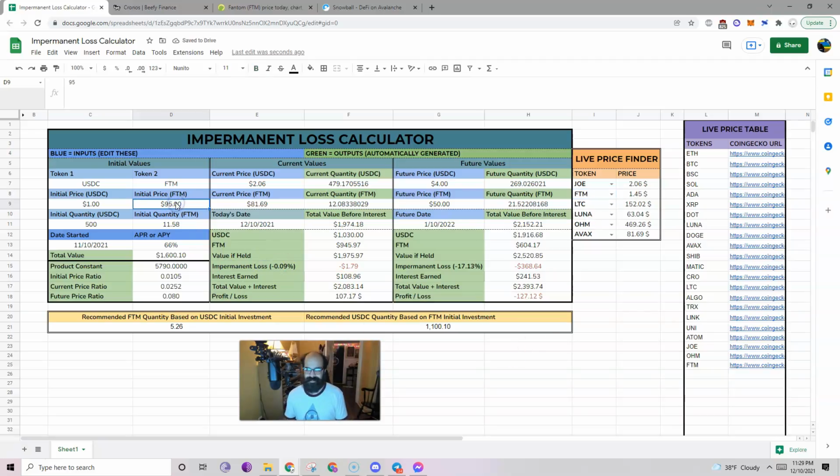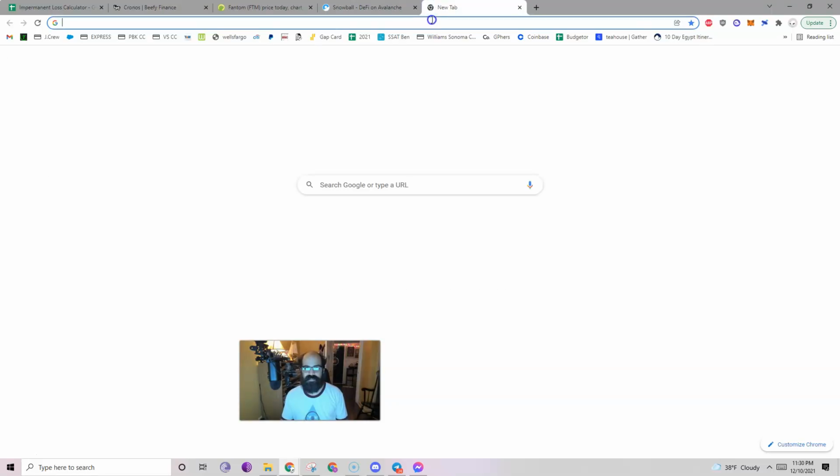So let's say I pool today. Actually, let's say I pooled when it was at like $1.95. Though last month I think it was even in the $2 and something. So let's do that. $2.20. Let's say I started last month, and we can look at some of the APYs.